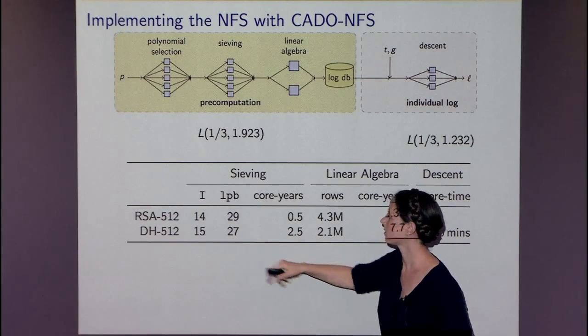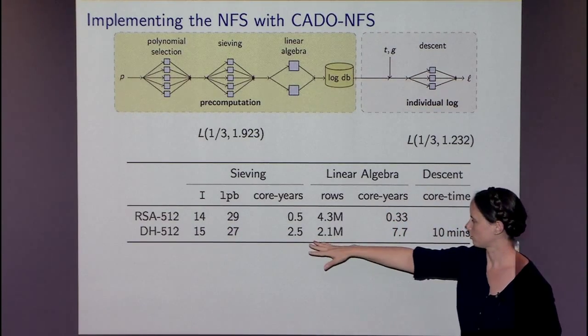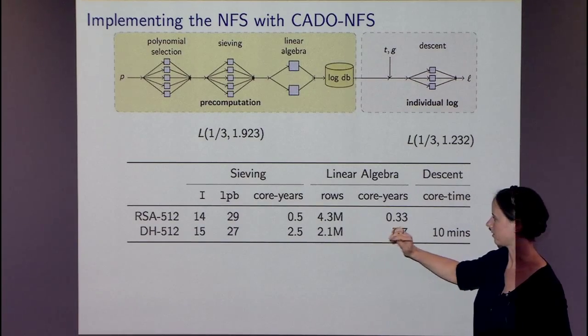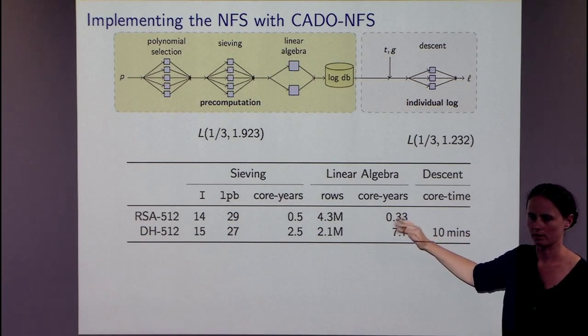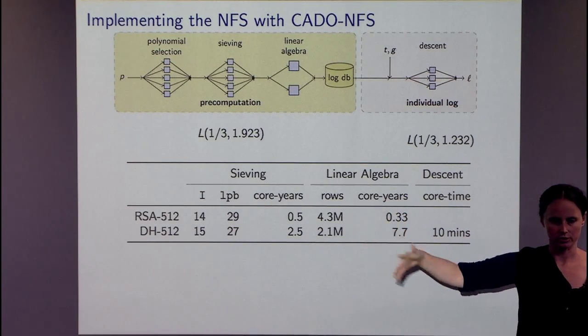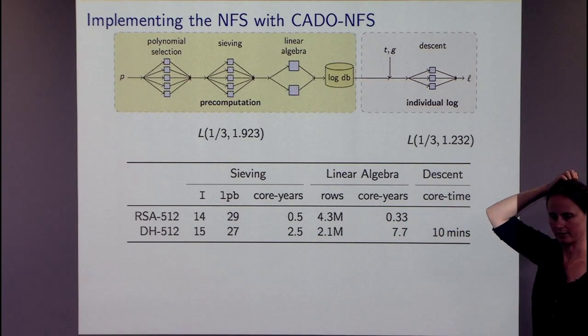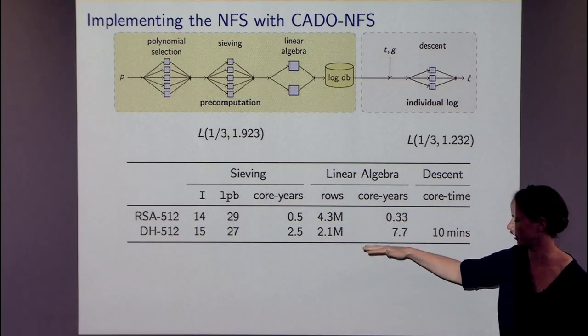For Diffie-Hellman, we've changed the parameters a little bit to deal with the fact that linear algebra mod your group order, which is a larger number, is much more expensive than linear algebra mod 2. That blows up the size of the linear algebra.